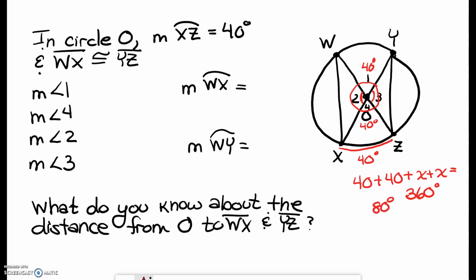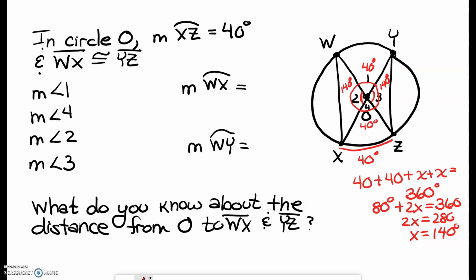So that's 80 degrees plus 2X equals 360. 2X equals 280. That means X is 140 degrees. Each one of these is 140 degrees.